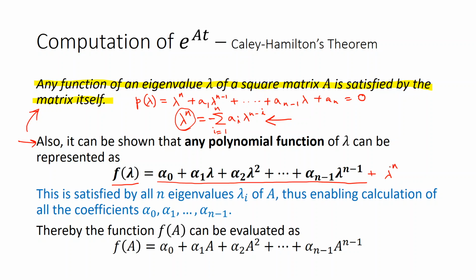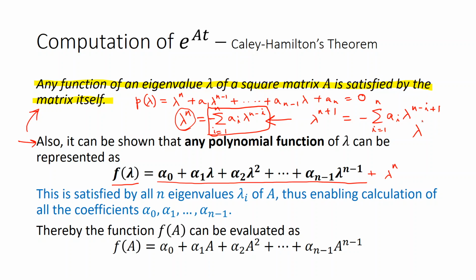If you have a lambda to the power of n plus 1, then that means there is a lambda to the power of n coming in. But that lambda to the power of n again can be represented as a sum of these terms.